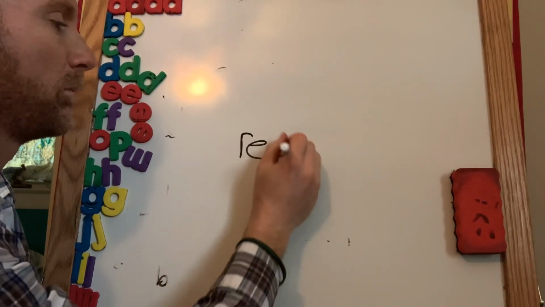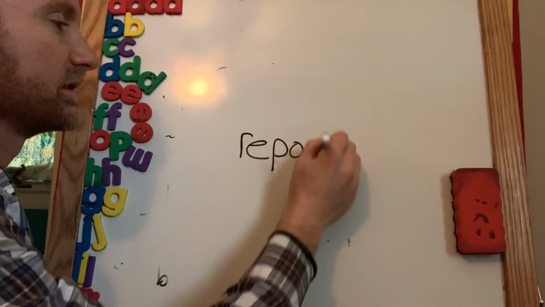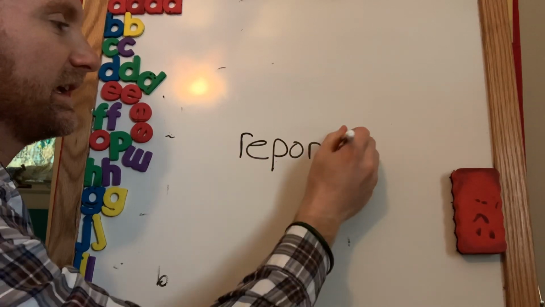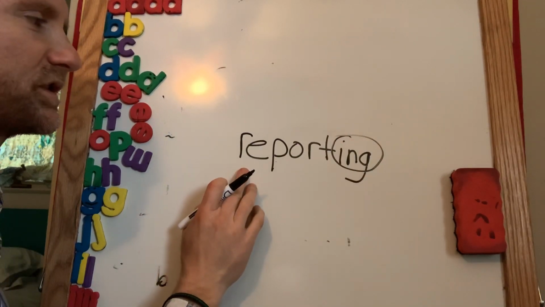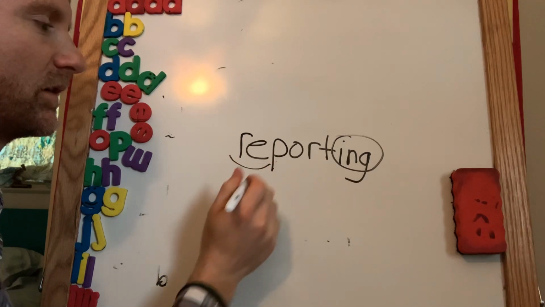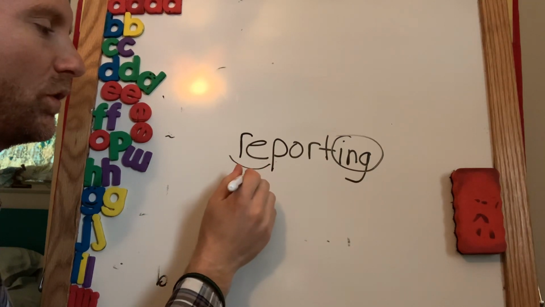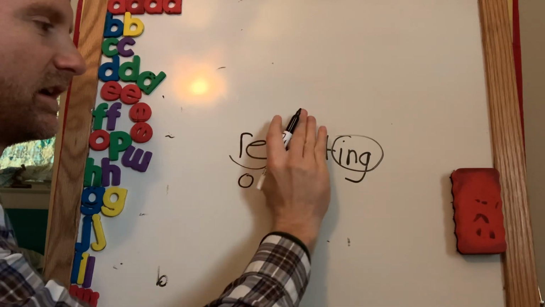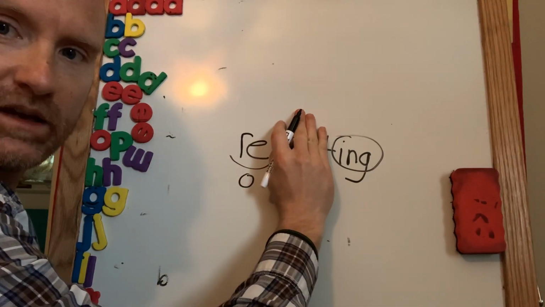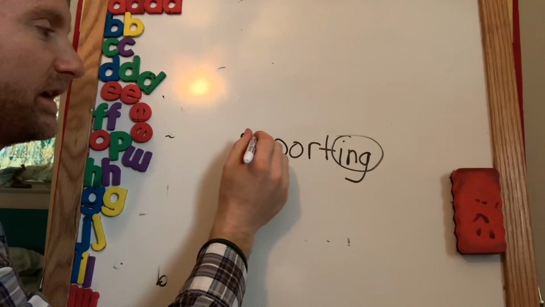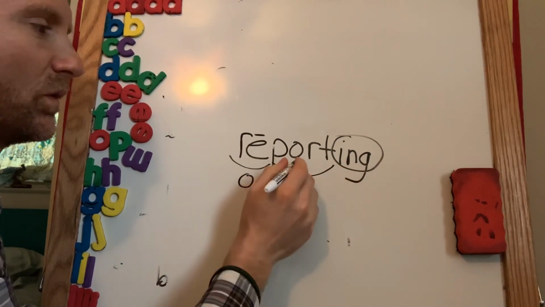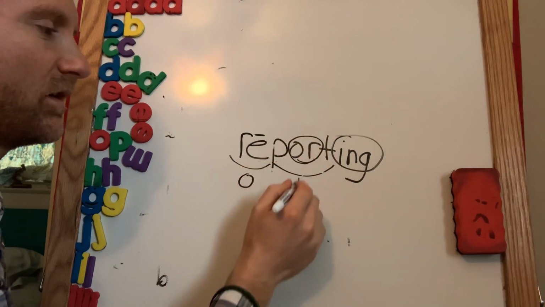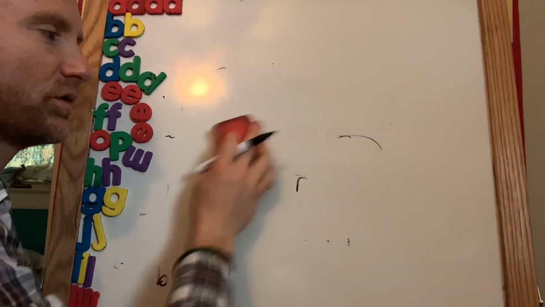"Report-ing." Okay, first thing you always want to mark, get that suffix out of the way. Okay, now what's our first syllable? "Re." Okay, what type of syllable is it? Open, because that vowel's at the end, right? If you just look at that syllable, that vowel can escape, okay? It's open. Long vowel sound. "Port." You've got that R-controlled vowel, so it's an R-controlled vowel syllable.